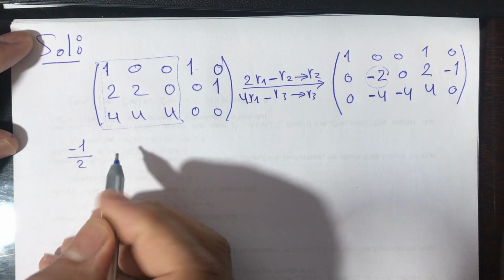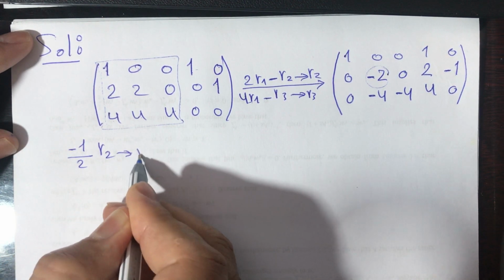Now make this 1: minus 1 over 2 R2, written in R2.